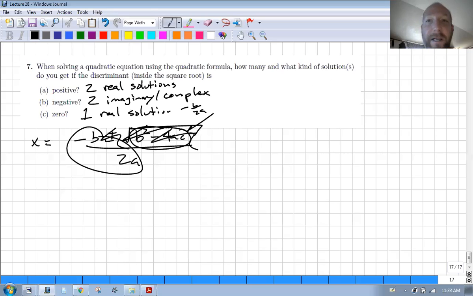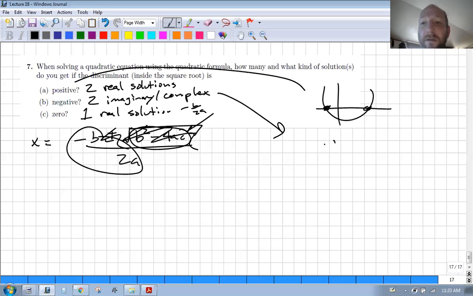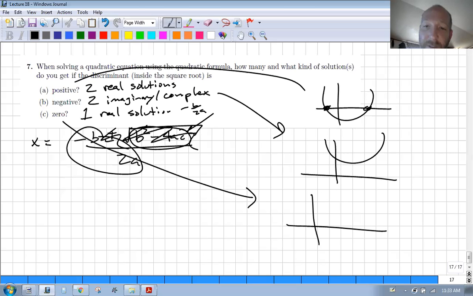So for part A, you're looking at something like that. Part B, you're looking at something like that where it never crosses the axis. And C here, where it comes down and just touches.